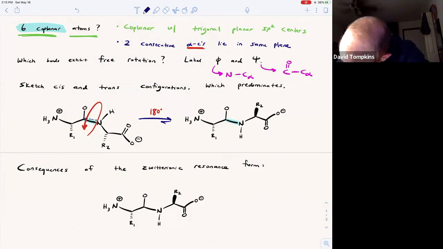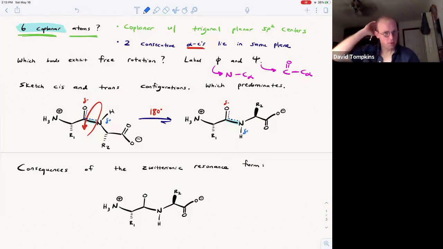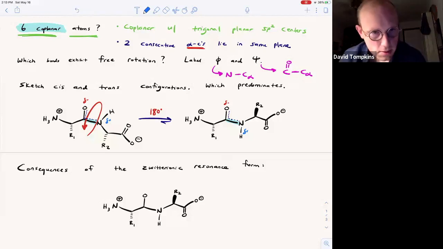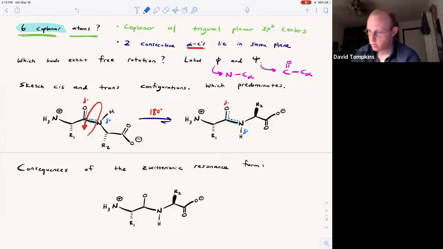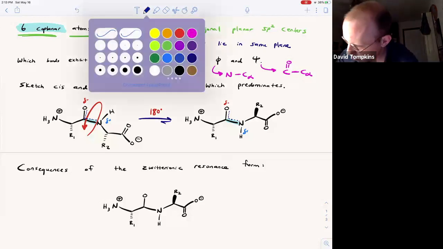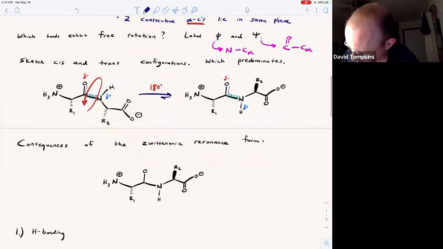That's why we cannot rotate this freely at room temperature. So what we have here are two different conformations.